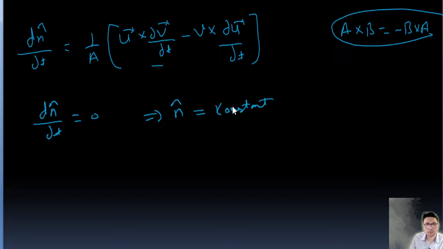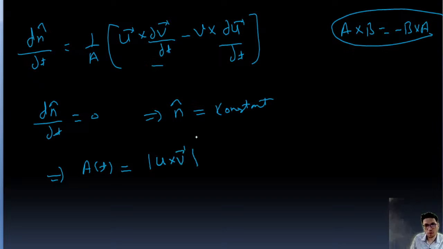And we also know that A(t), that is the area of parallelogram, is mod of U cross V, my apologies, U cross V, that is constant, right? Because it's a mod, it's constant. So both are constant. N cap is also constant and A(t), the area, is also constant, right?